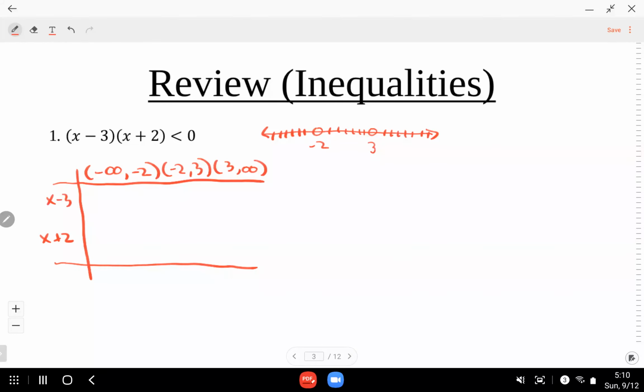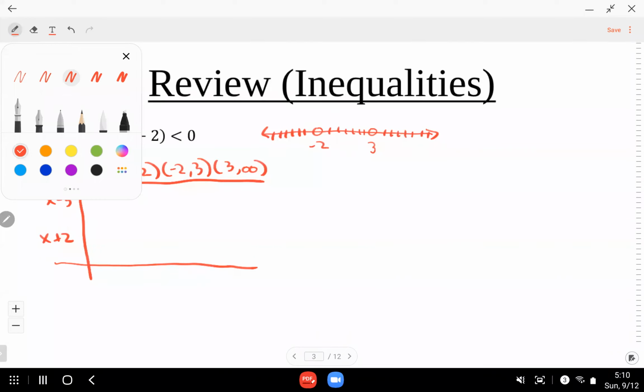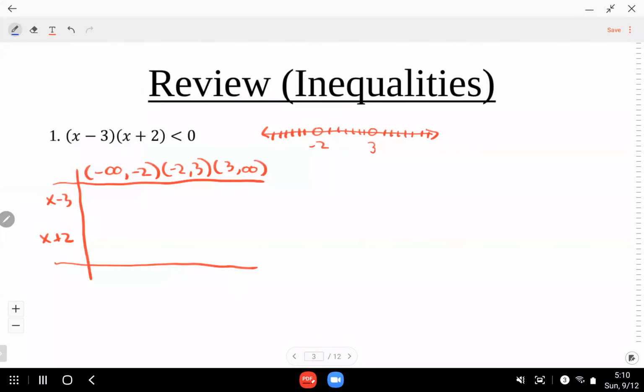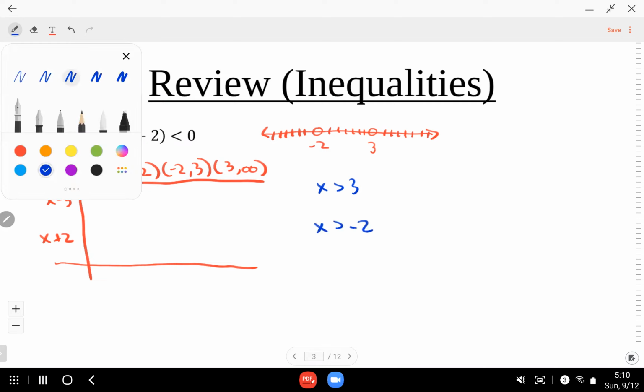So when x minus 3 is positive, x must be greater than 3. Let me write x plus 2 first. When is x plus 2 positive? That's when x is greater than -2.